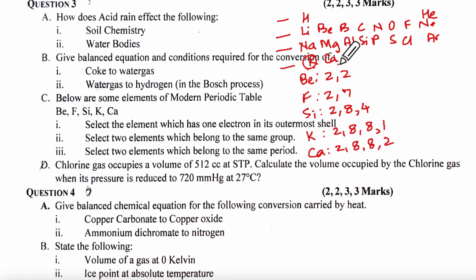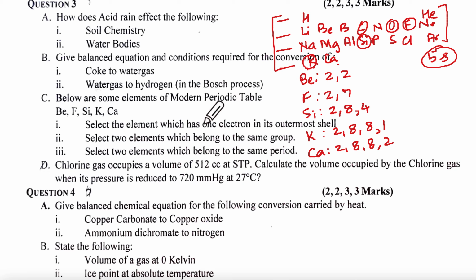Understanding? This will be 2, 7, 2, 6, 2, 4. Understanding? 2, 8, 4. Are you understanding how you can go about it? If you can't do this, make sure that you write this in just about 5 seconds. Keep this in front of you. Okay? But this should be in front of you.